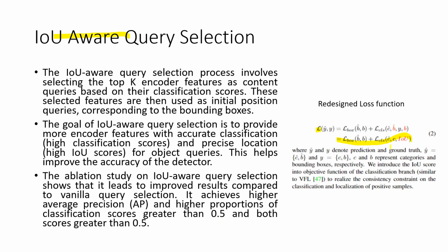They say this results in better quality queries, and in their ablation study they show the IoU query selection method leads to better AP compared to the vanilla query selection method.